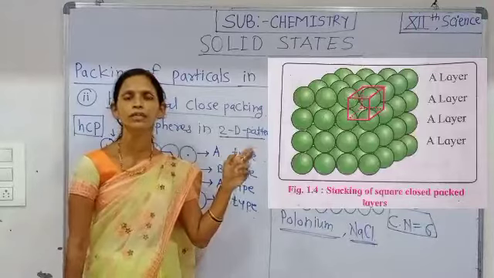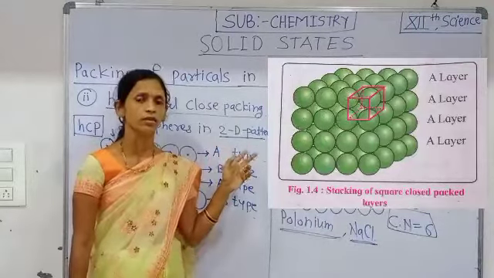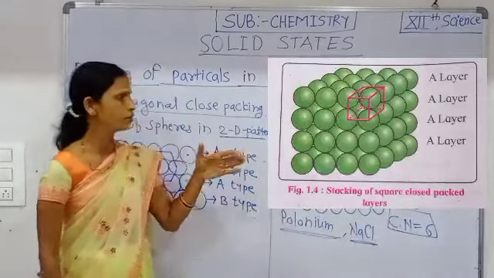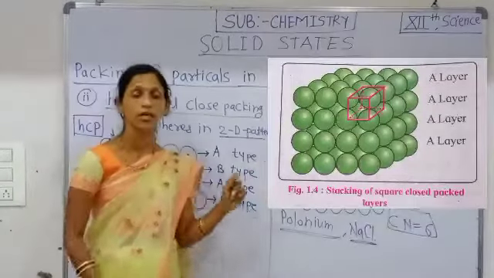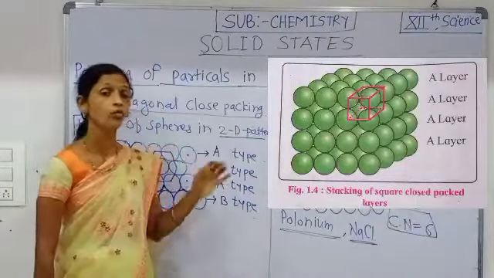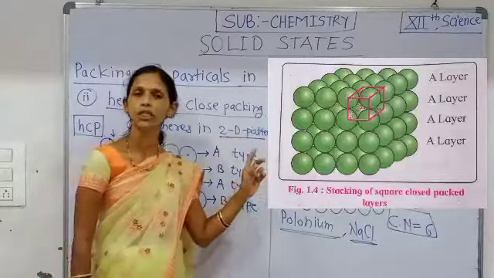That is the 3D structure of arrangement of the spheres, which results in the formation of SCC, that is simple cubic unit cell. Then here the void which is present in those is square type, and voids are also aligned with each other.